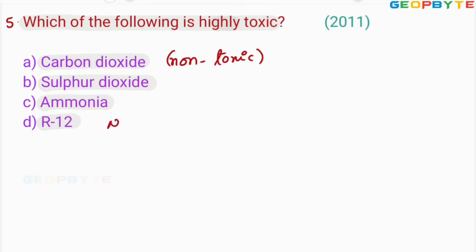R12 is also non-toxic. Ammonia is highly toxic. Sulfur dioxide is extremely toxic.